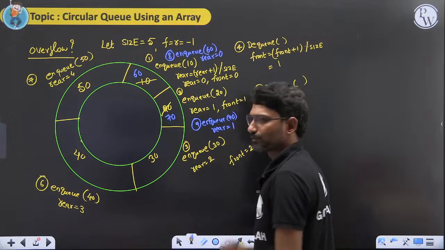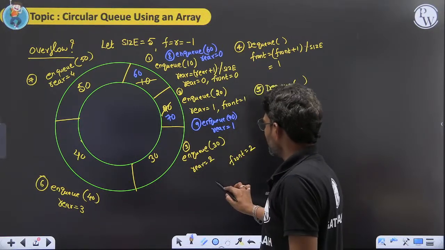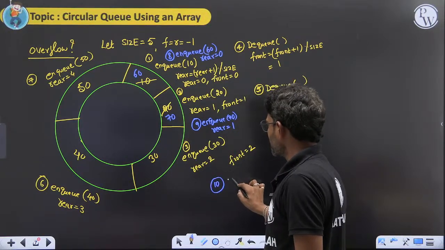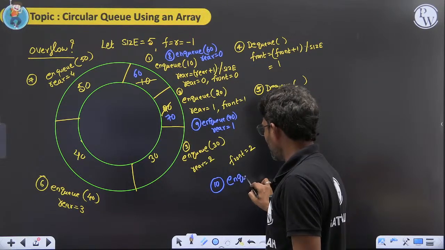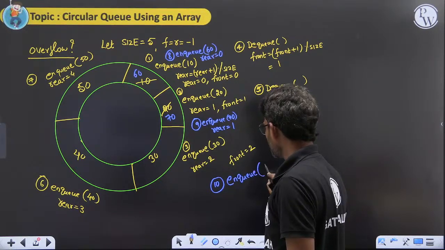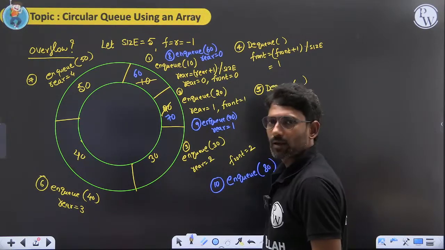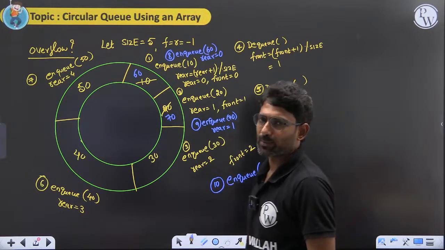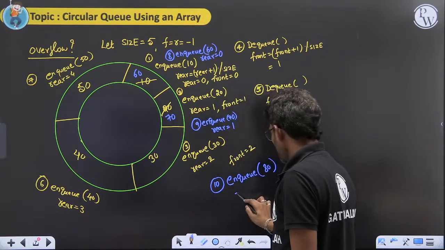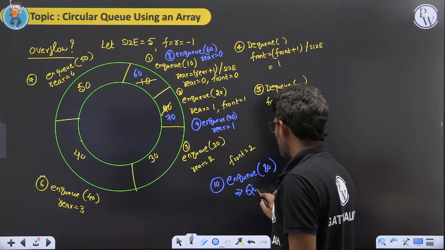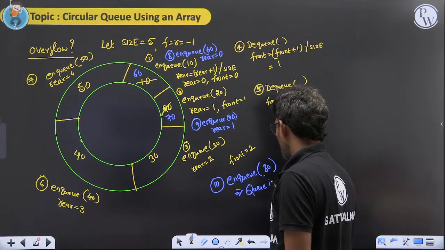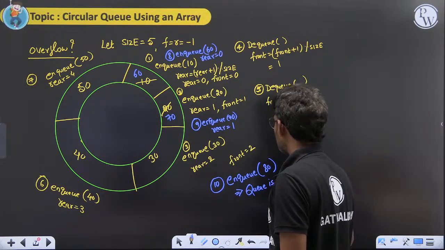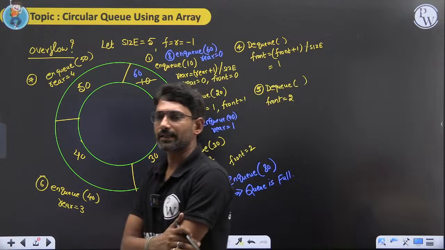That means if I try to perform one more enqueue operation, it should not be possible. Here I should get queue is full, isn't it?